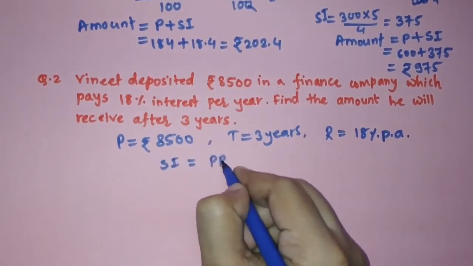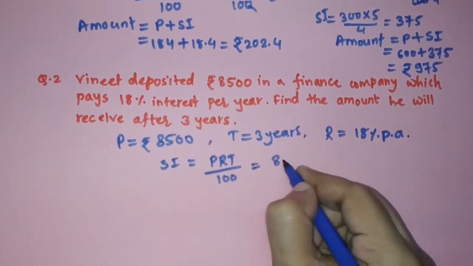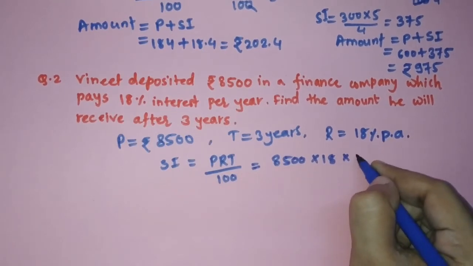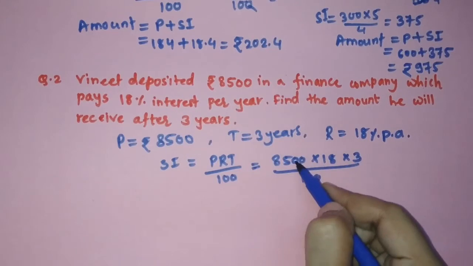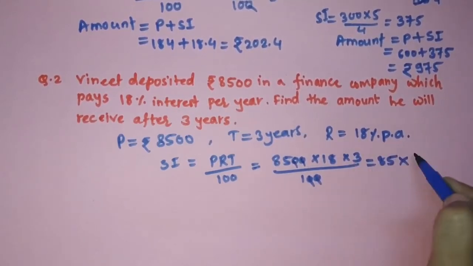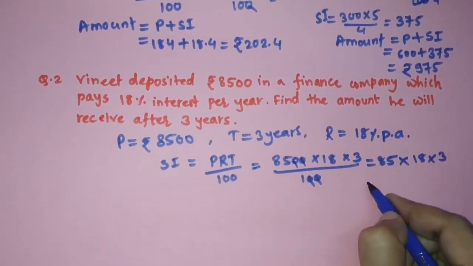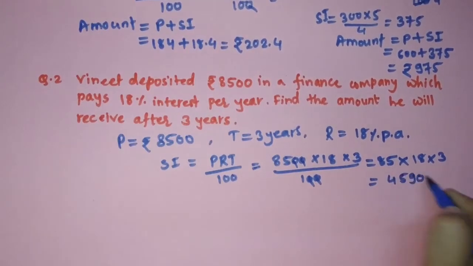That is PRT divided by 100. So he will earn 8,500, which is on the 18% per annum. Friends, just cut these 2 zeros and just multiply this 85 with 18 into 3. So he is going to receive 4,590.